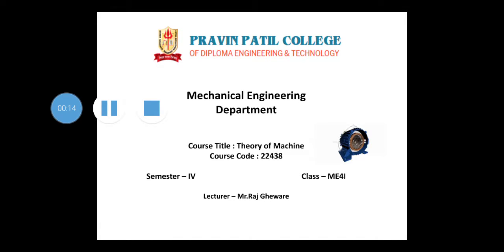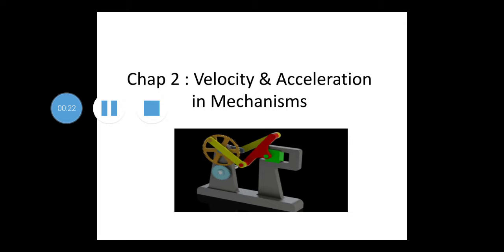So, today we will be looking at the subject Theory of Machine for semester 4. We will be looking at chapter 2, Velocity and Acceleration in Mechanism.